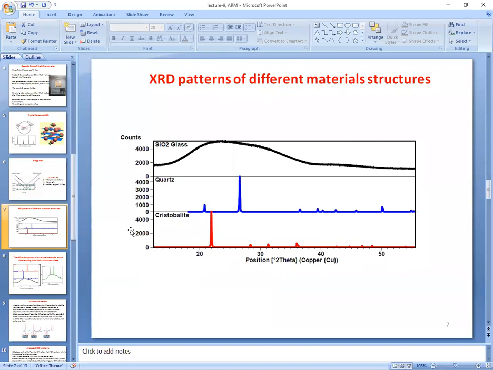Basically, we are not interested in the magnitude of the intensity, rather we are interested in the number of peaks and their positions. So each material has its own pattern, according to the element from which the X-rays are obtained.